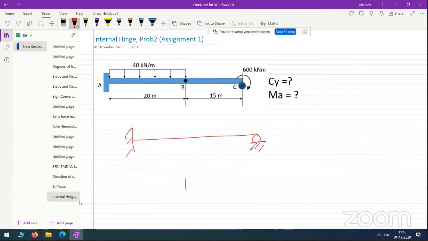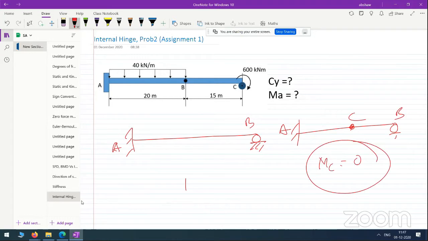Now, if we put a hinge here, an internal hinge, a hinge means it cannot take any moment. It allows rotation to happen, so the moment at this point will be 0. If this is ABC, because this is an internal hinge, we say MC is equal to 0.